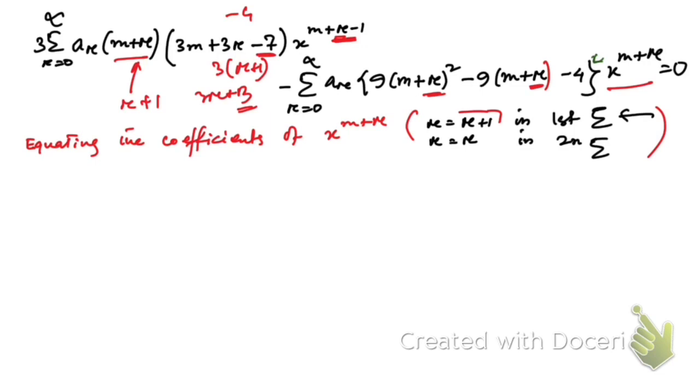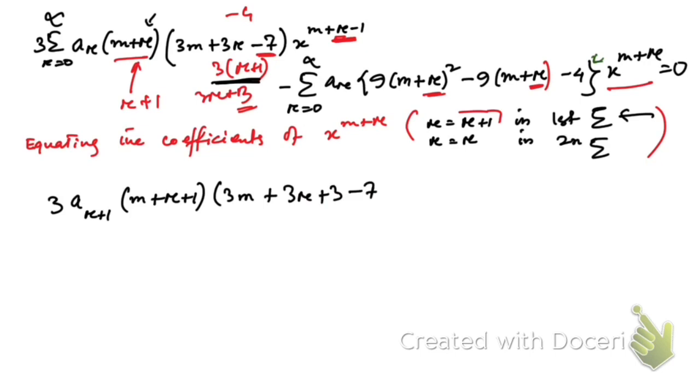So here a_{r+1} with m plus r plus 1, instead of r we have put r plus 1, then 3r plus 3 minus 7, make it minus 4.